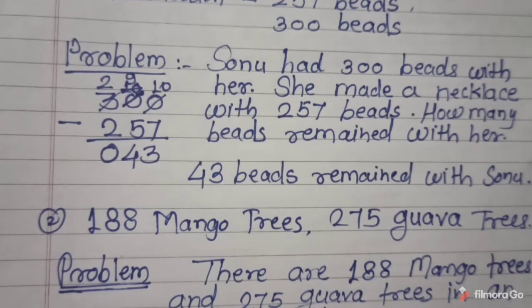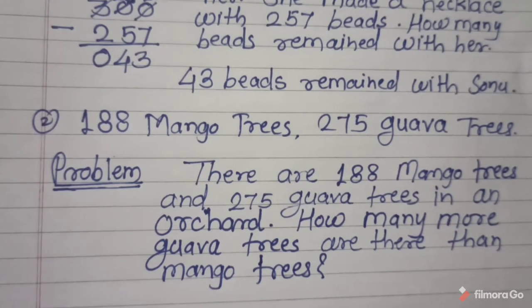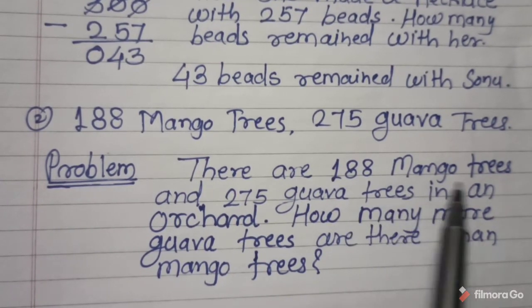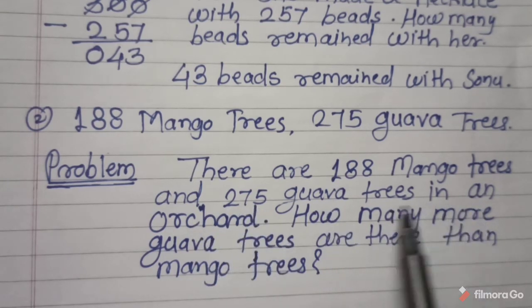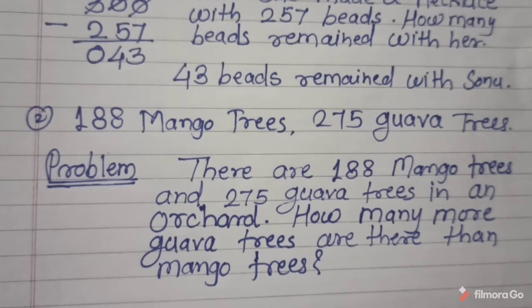Give a question mark. Sorry, see this, write this again. There are 188 mango trees and 275 guava trees in an orchard. How many more guava trees are there than mango trees?